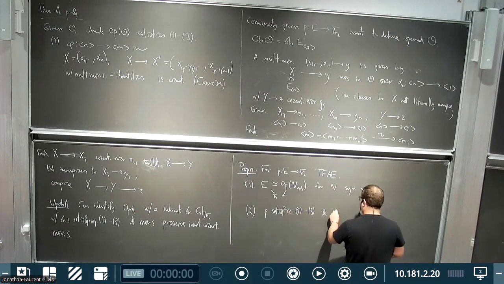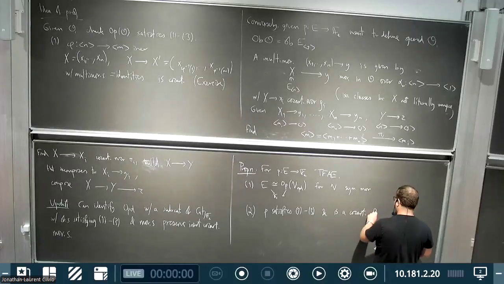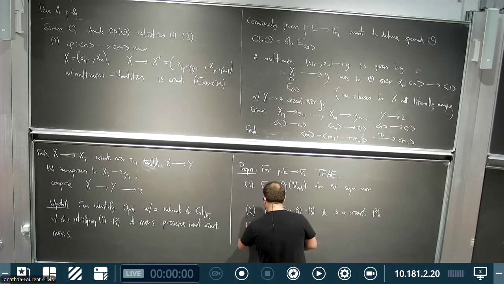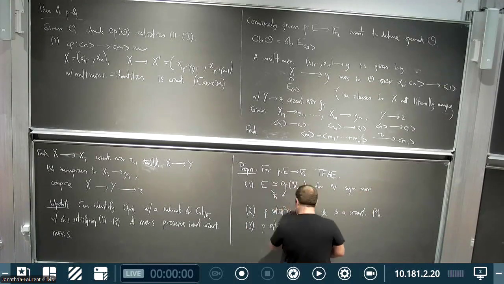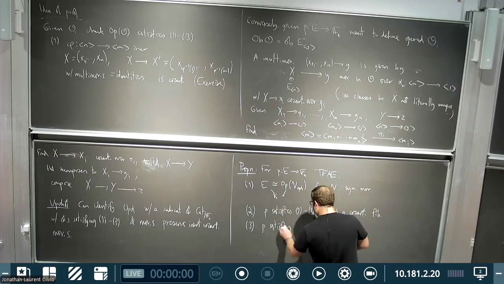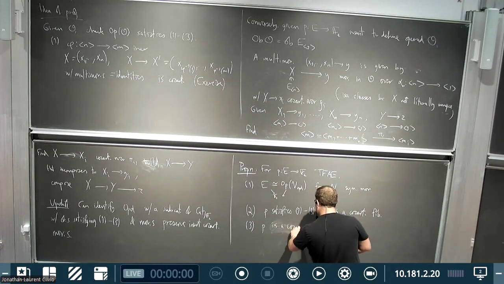And also, it's a Focacci condition. And finally, we already know that P is a Focacci progression. We can simplify conditions 1 to 3 quite a bit. P is a Focacci progression.